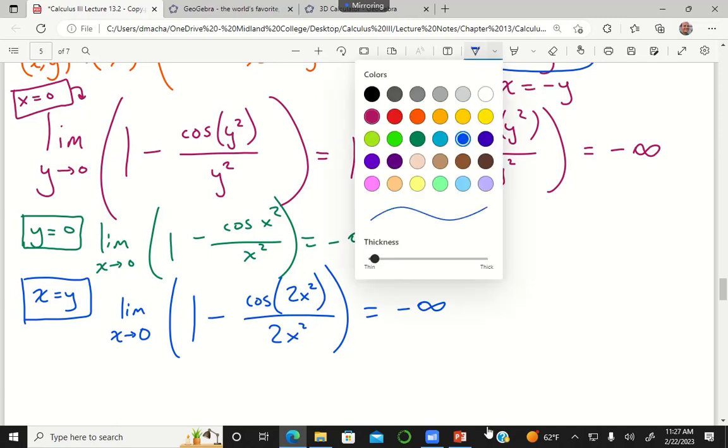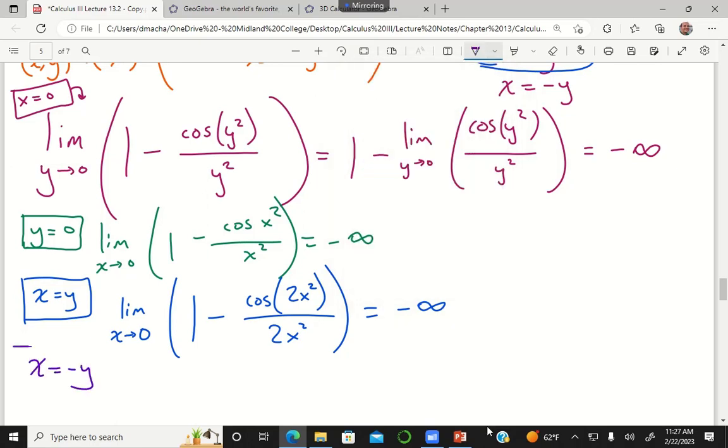And then likewise, if we do the trace where I say x equals negative y, I still have the same situation. Let me replace every x with a negative y, and then I'll have cosine of, well, since I'm squaring it, it doesn't really matter.